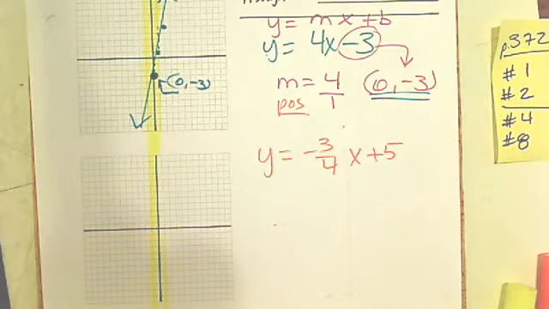Identify the slope, identify the b, positive or negative. And you graph a line, minimum of 3 points and an arrow at the end.